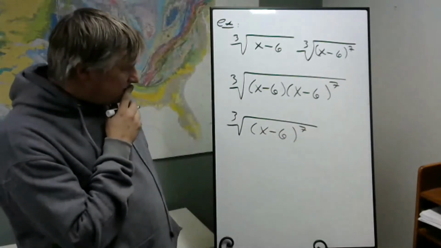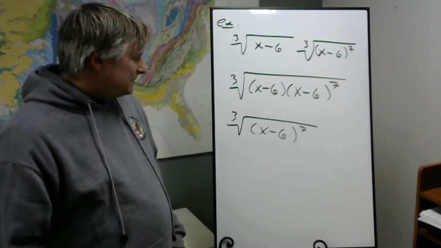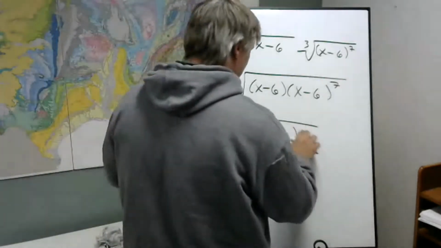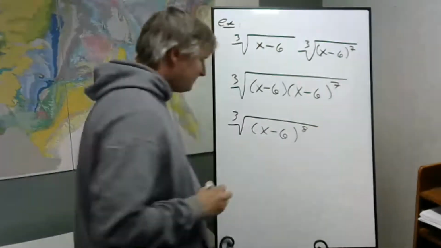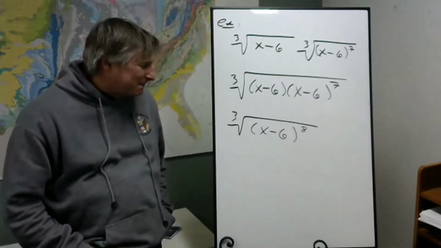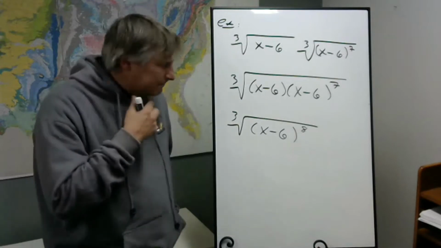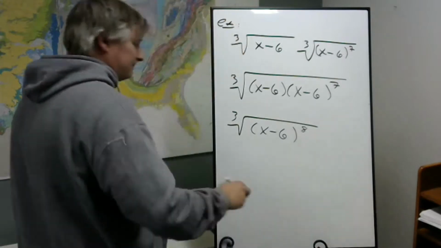Now, what we could do, let's think about this 3 and the 7. Oh, I'm sorry, 8. Ooh, careful. So what would be the cube root of something to the 8th power? Well, again, we can get kind of creative here. So we could say this.